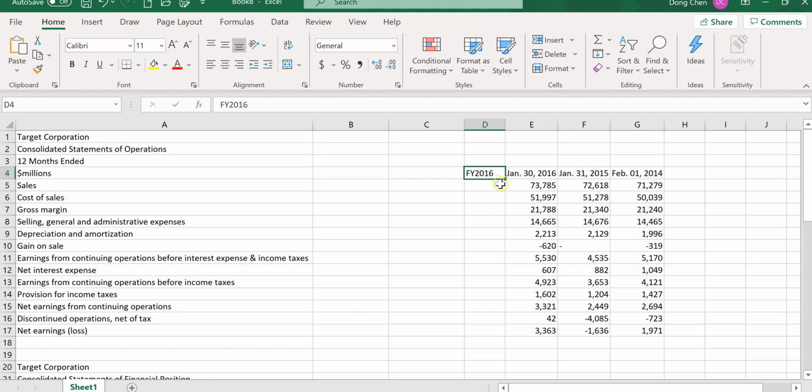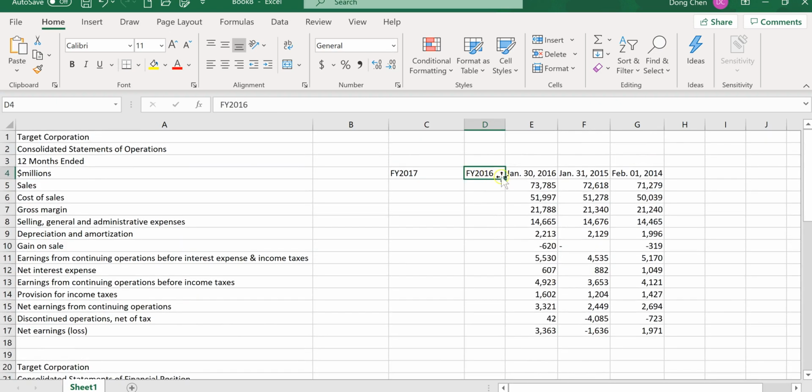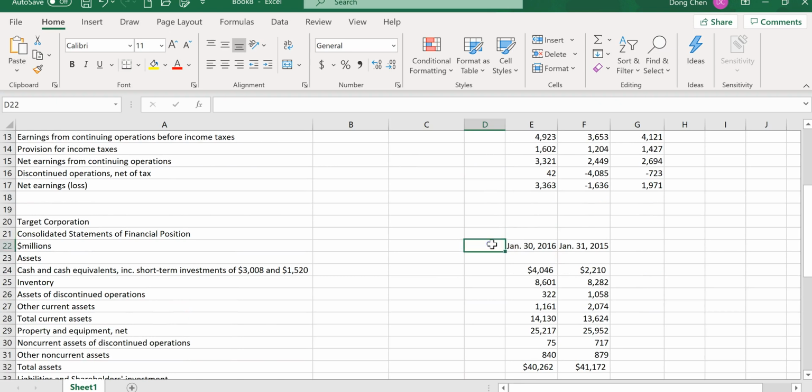So this will be fiscal year 2016 and fiscal year 2017. The same here for the balance sheet.